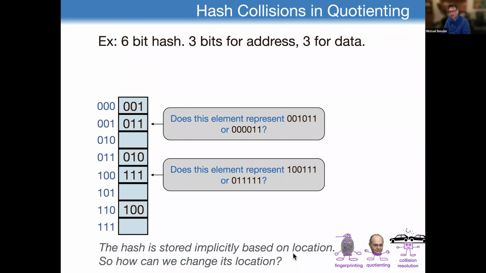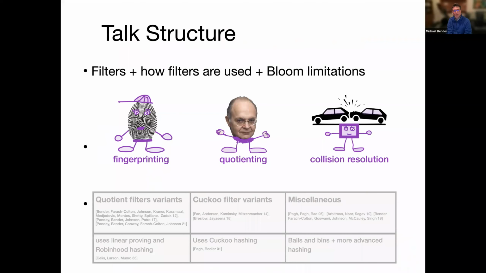This is the third hero, which is collision resolution. There are lots of different ways of doing it, and I'll explain one of them. Just a reminder of the talk structure: I talked about filters, how they're used, and limitations of Bloom filters. And I'm talking about these 3 heroes, fingerprinting, quotienting and collision resolution, which are used in lots and lots of different kinds of filters.